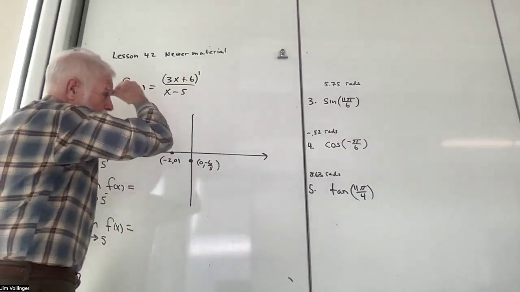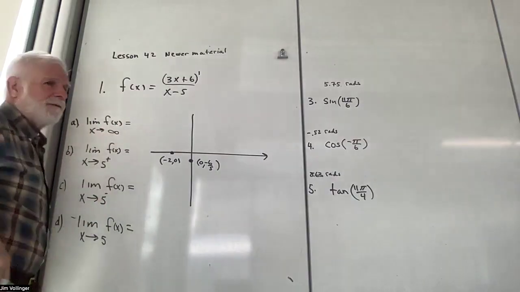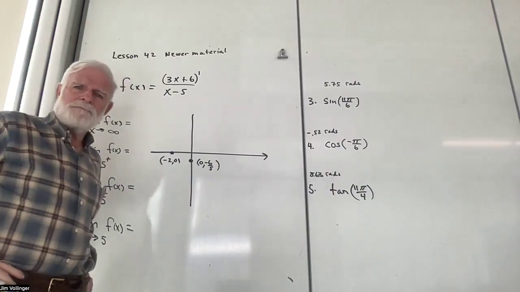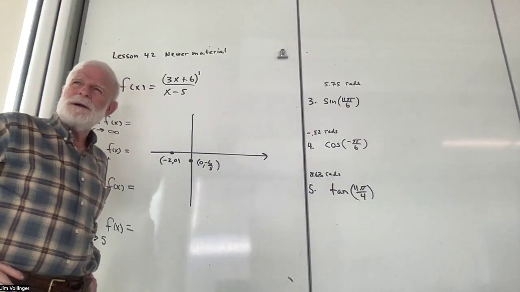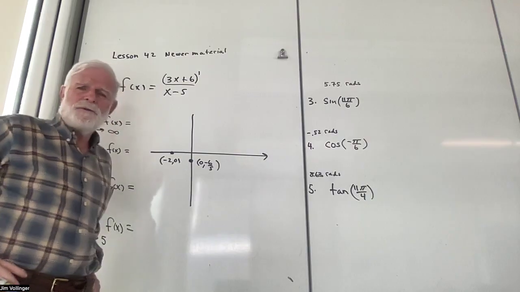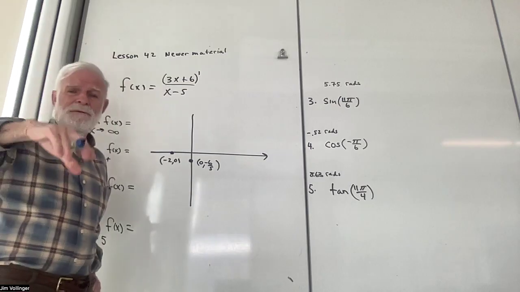So let's answer the limit of this function as x goes to infinity. Well, I don't think you have to think about what number to use to get towards infinity. A calculator usually gives you a viewing window of -10 to 10, and we're going to positive infinity right now.